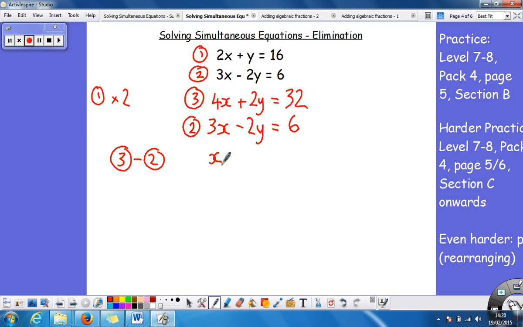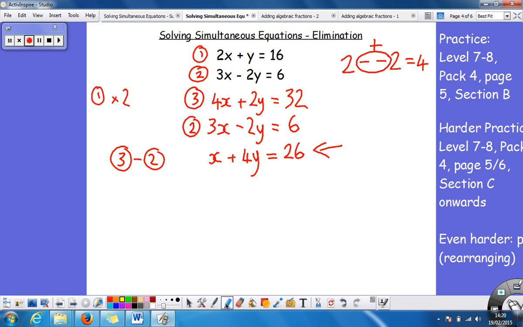I'm then going to get positive 2 take away negative 2. Well, we know that when we do 2 take away negative 2, we actually end up adding and end up with 4. So that would give us positive 4y. 32 take away 6 would give us 26. That hasn't helped us at all because I still can't solve this equation because I've got two different variables.